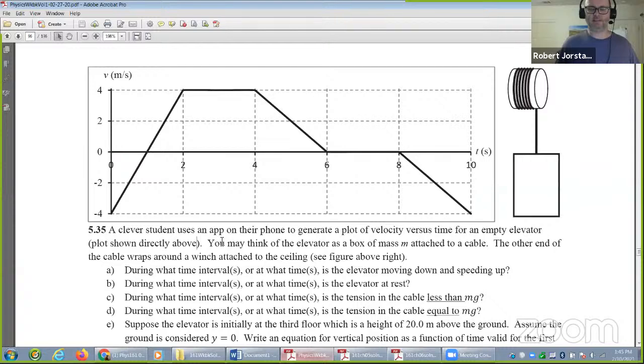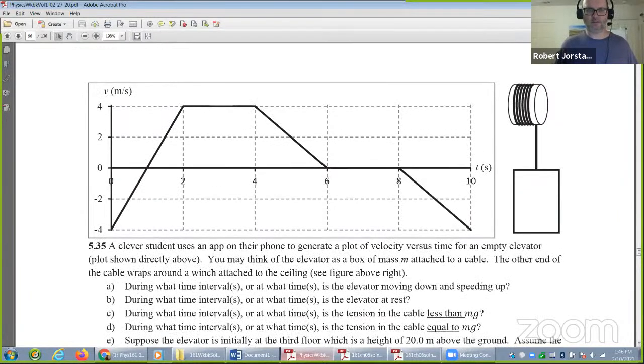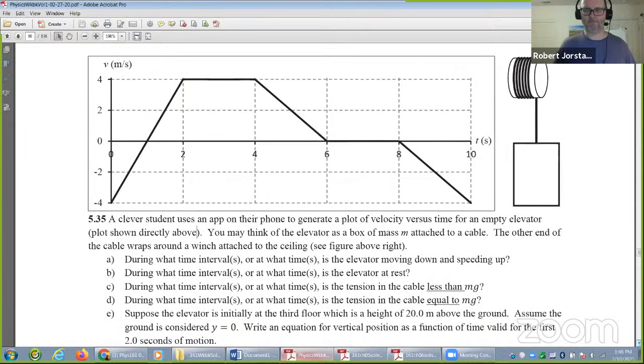In this case, this is problem 5.35 on the top of page 94. I'm mentioning this one because I think you might like this problem. I think we're finally at a point where you can tie the graphs of position and velocity versus time to force problems.